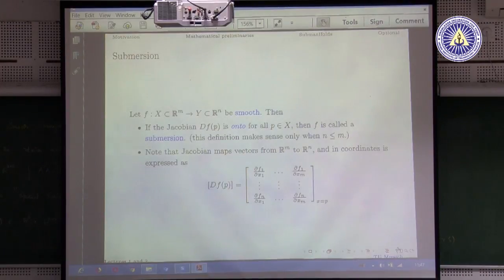If you have a mapping from an m-dimensional Euclidean space to an n-dimensional Euclidean space, again smoothness emphasized, if the Jacobian is onto for all p, then F is called a submersion, right.